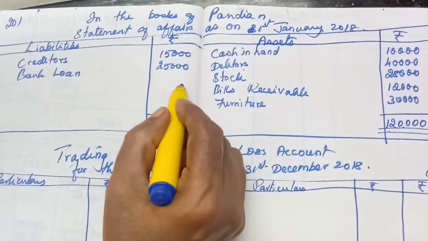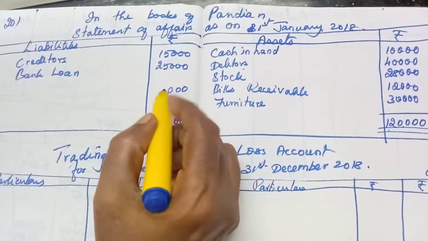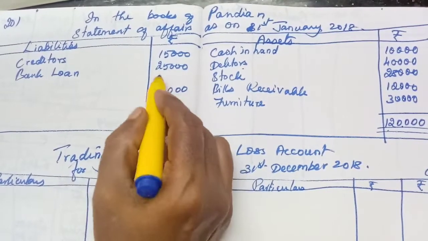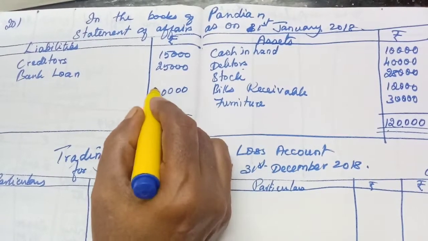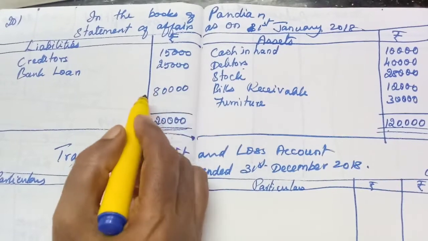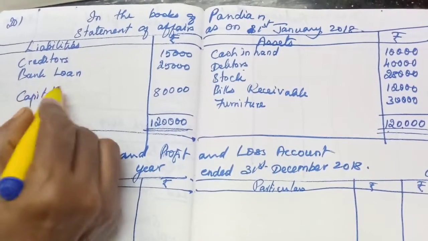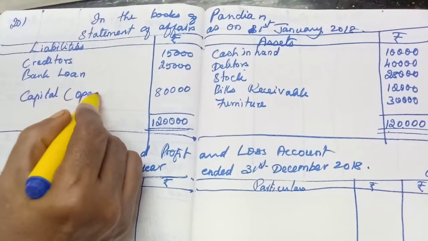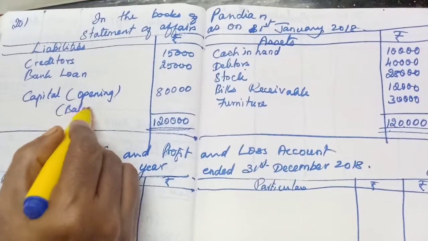So write the balance: 1, 2, 3, 0, 4, 5 plus 5, 10, again 0, 0, balance 1, 2 plus 4, 4 plus how much, 12, 8. So 80,000 is the capital that you write. Capital in bracket opening, then again in bracket balancing figure.